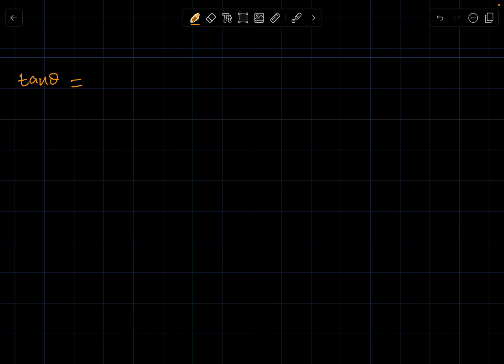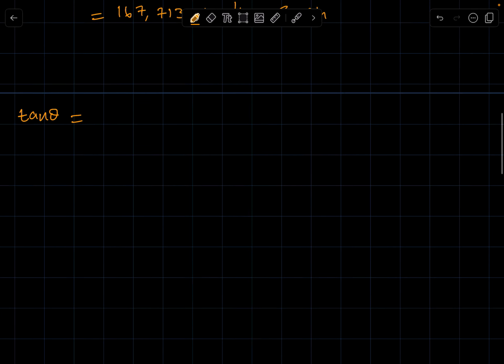So theta would be the angle. Now, the right hand side of this equation, because our theta is referenced from the x-axis, will be the sum of VPQ in the y direction divided by the sum of VPQ in the x direction. If the angle is referenced from the x-axis, this is what you use.